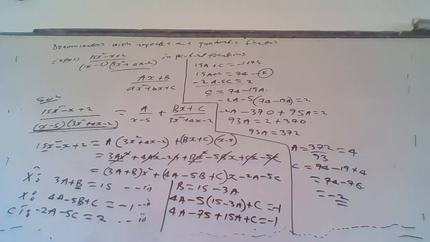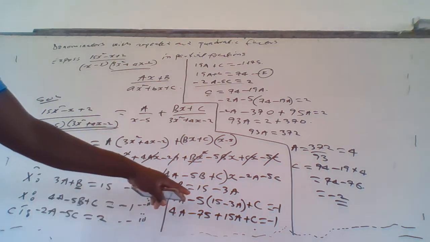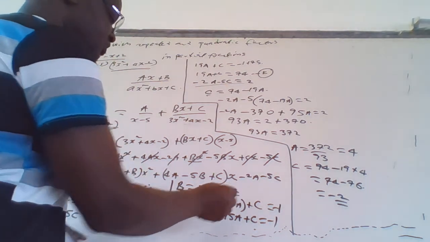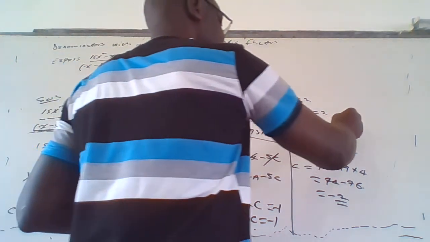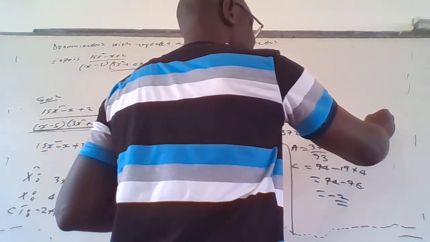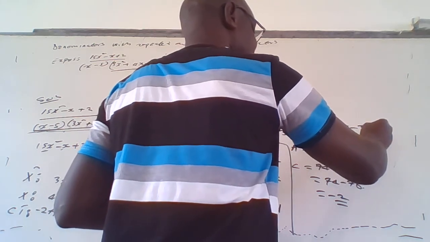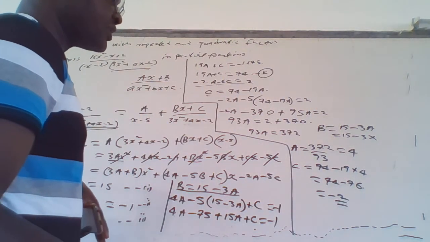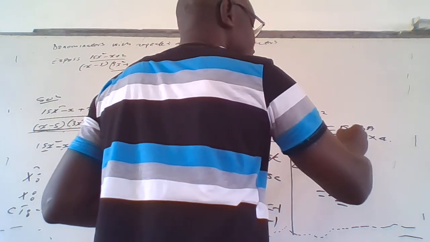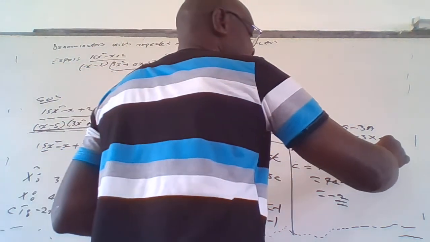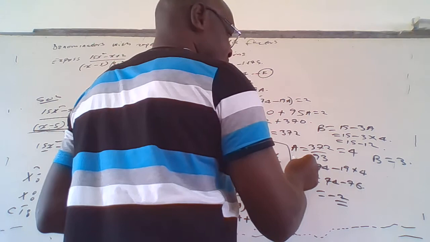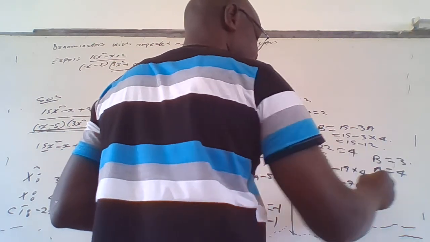Once we have them, then we can also get the value of b. The value of b we can get from this expression. So b equals 15 minus 3a, is equal to 15 minus 3 times our value of a, which is 4. So equals 15 minus 12. So b equals 3. I've said a equals 4 and c equals negative 2.